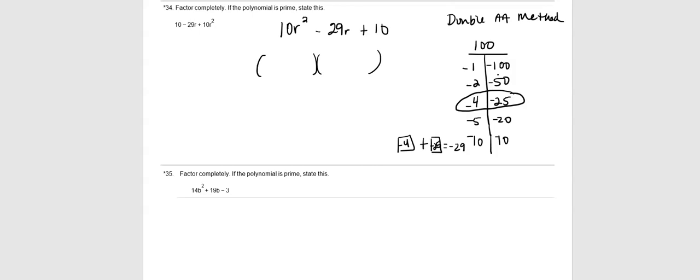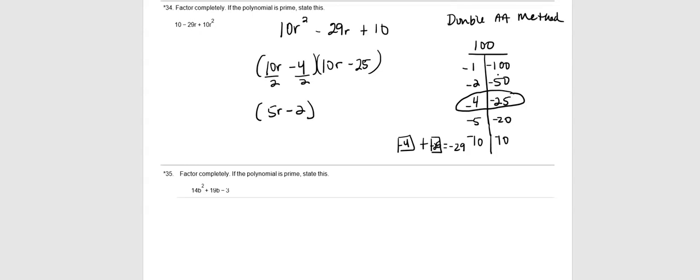We have 10r squared, so we need a double A. We need a 10r and a 10r. We have a -4 that we're using here, and we have a -25 that we're using. So we need to find the GCF of each of these binomials separately. So 10 and 4, the greatest common factor is 2. So that leaves us with 5r minus 2.